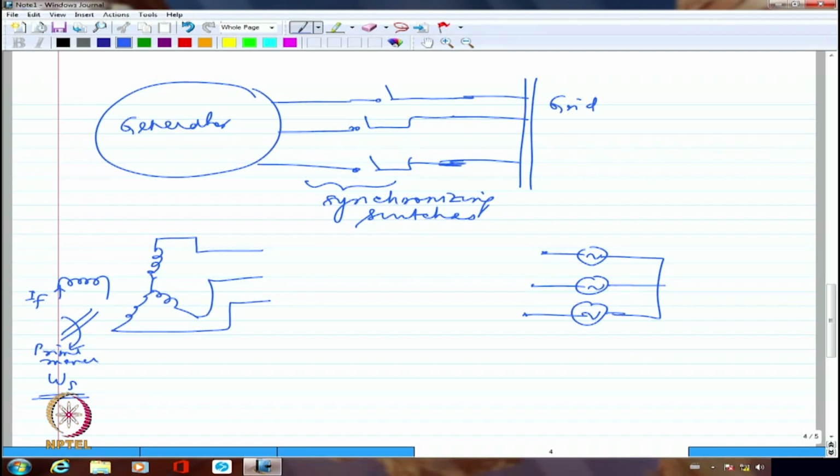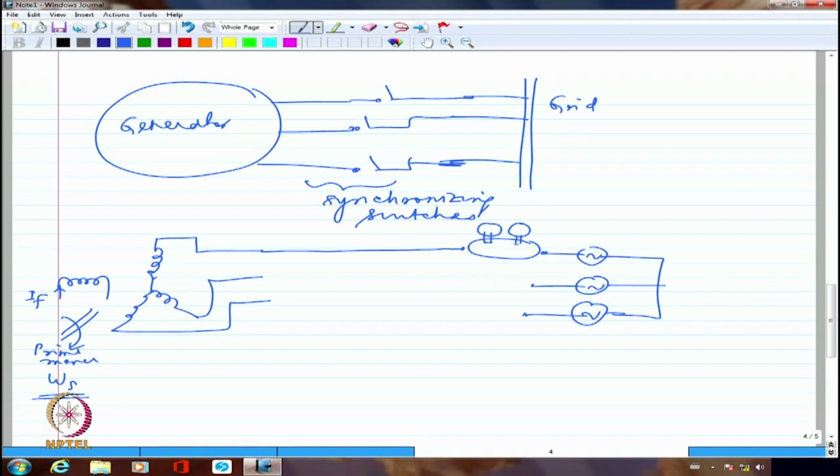Normally what we try to do is, there are of course the switches here, but even before the switches, we'll normally connect two lamps here. I'm showing the lamp pretty badly. This is two lamps we connect in between the generator terminal and the actual grid terminal.